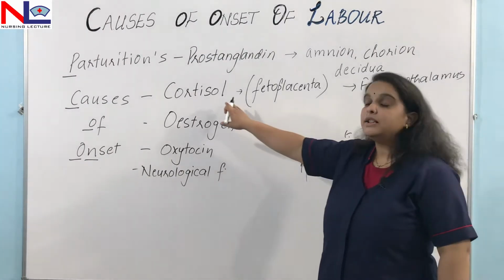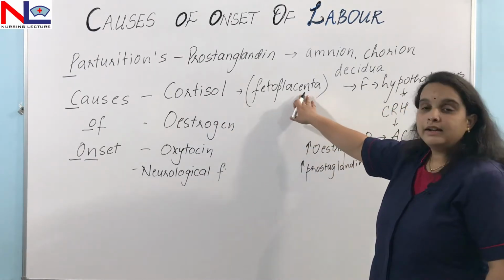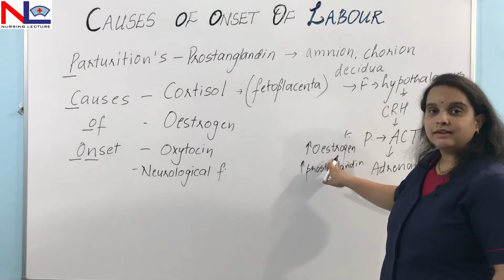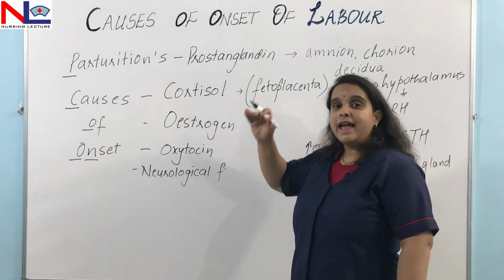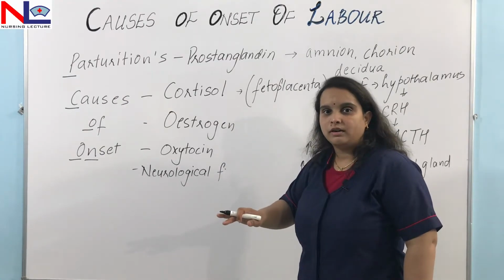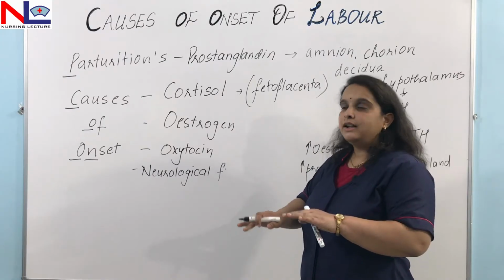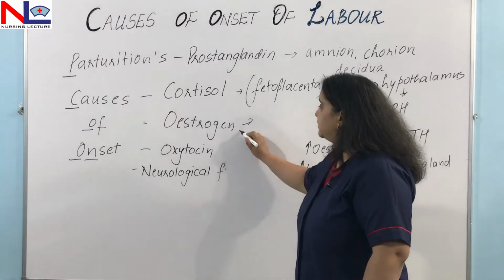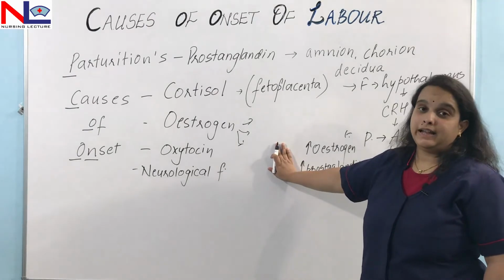It is rising from this cortisol release. As cortisol is released into the placenta, the placenta releases more estrogen. So this high level of estrogen and the fallen level of progesterone, that is the alteration of the estrogen progesterone level, helps further to initiate the process of labor.